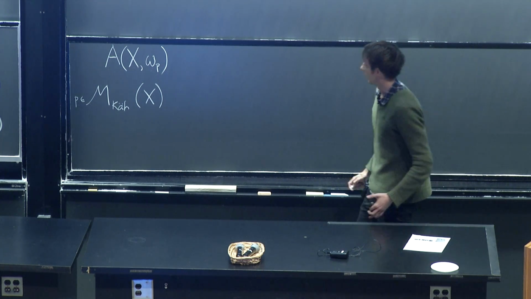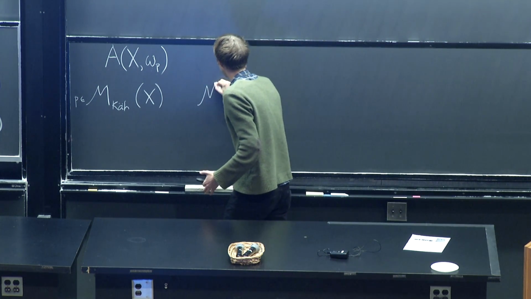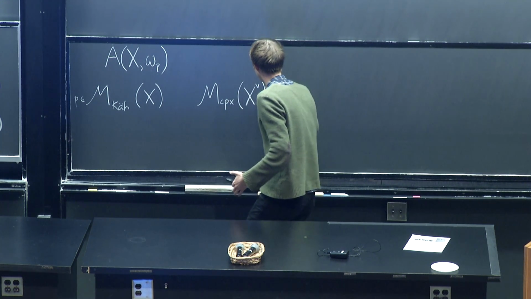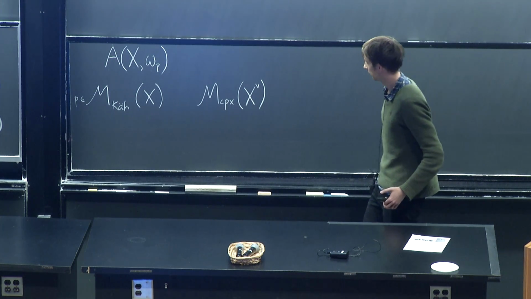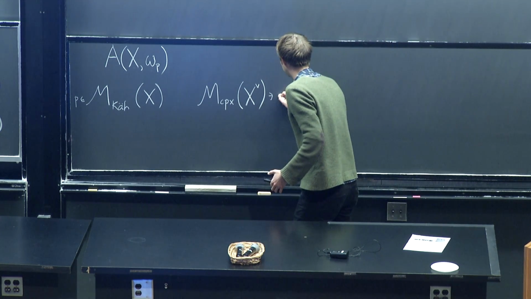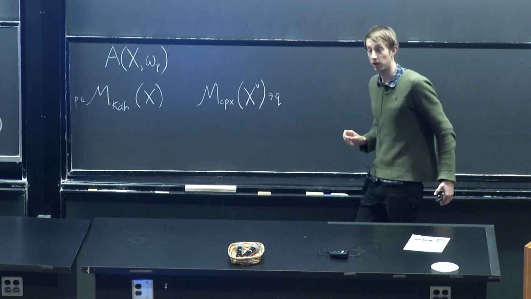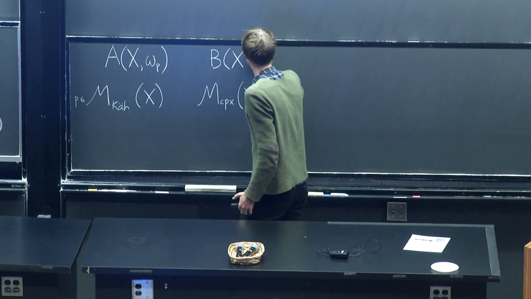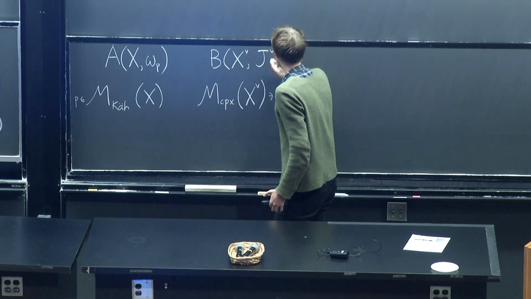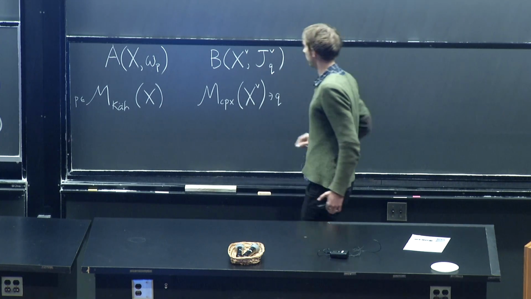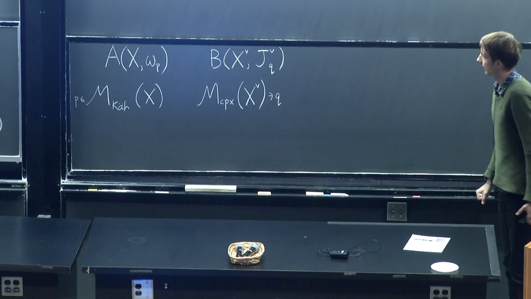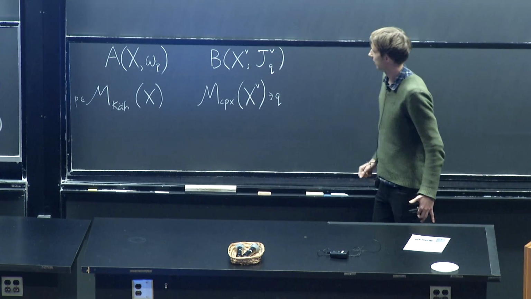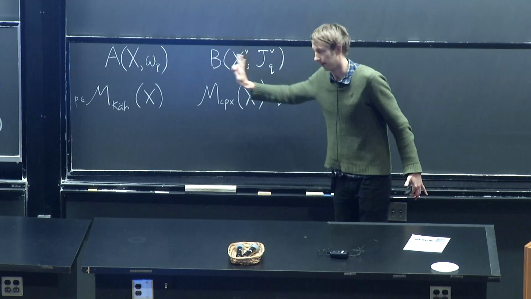On the other hand, we have the space of complex structures on X check. And if we have a point Q in there, then we get a corresponding complex structure, J check, on X check, corresponding to Q, and we can look at invariants of that guy.